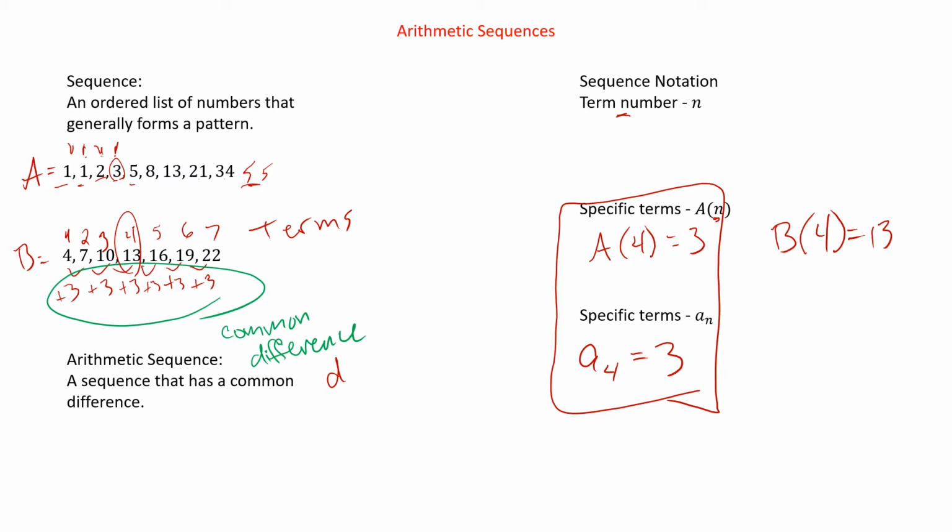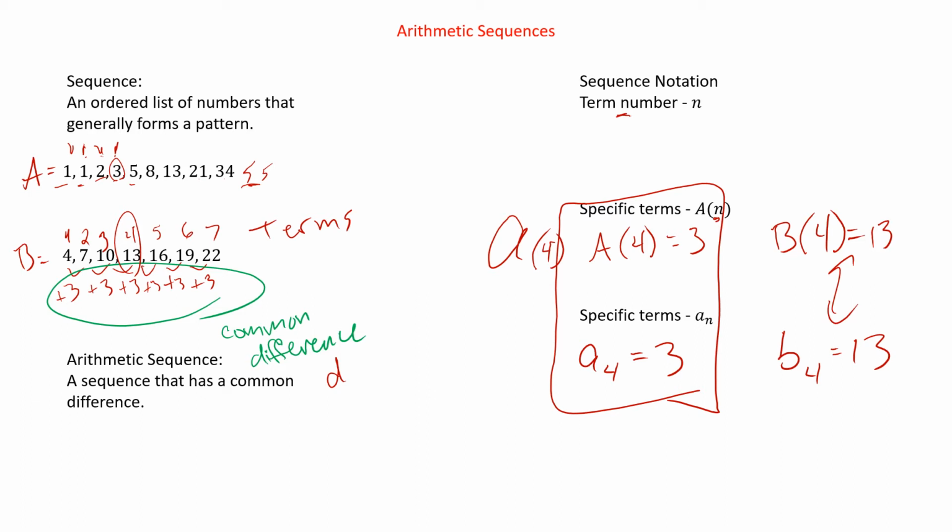Now notice in this one, it's not a capital A, it's a lowercase a, because each term in the sequence is going to be a lowercase letter, where the sequence itself is usually an uppercase, or sometimes it'll use the lowercase letter but stretch it so it's as big as an uppercase letter. Just things that it does. So we could have A of 4, we could have b sub 4 is 13. These two things mean the same thing.